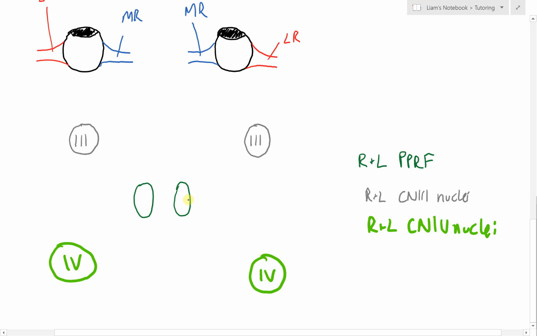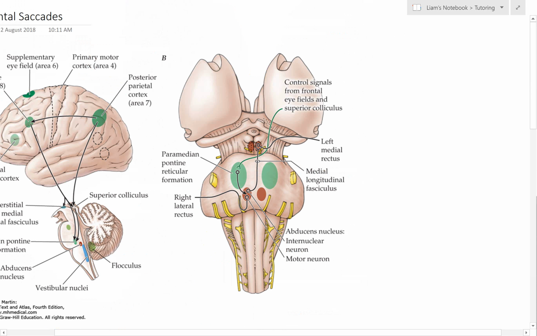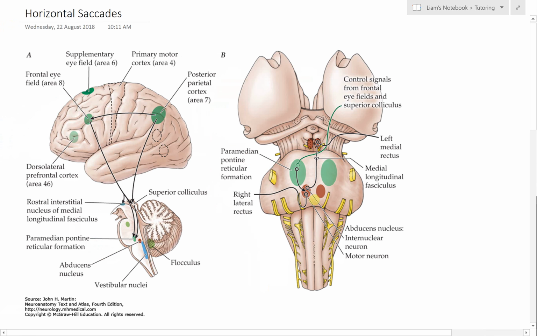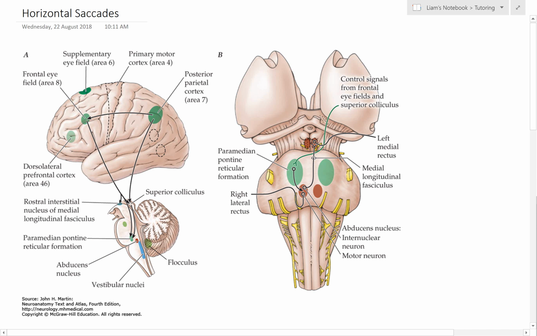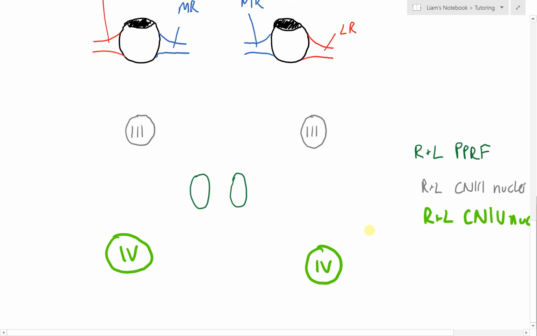This is what controls our horizontal saccadic movement. There's also a mesencephalic paramedian reticular formation that's involved in controlling the eyes looking up and down. We're going to focus mainly on the eyes moving side to side today.